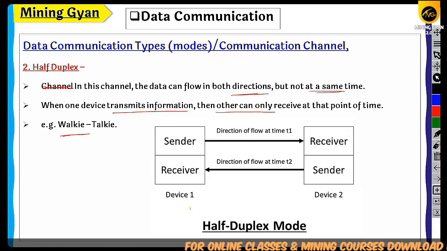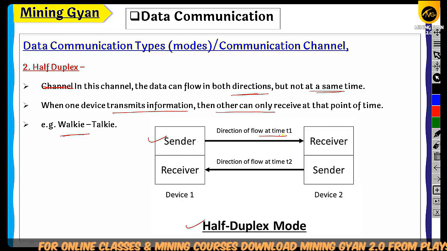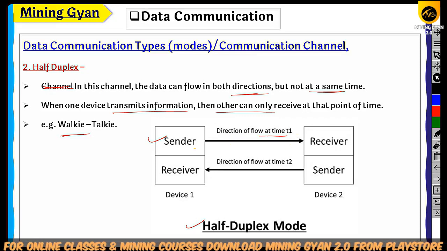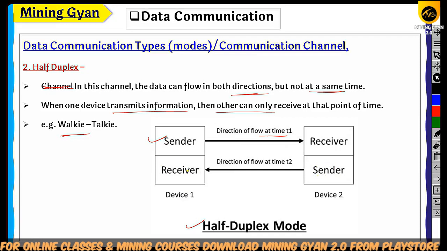You can see in the diagram that at time 1 the sender can send the data and the receiver can receive it, but at time 2 the receiver plays the role of sender and the sender plays the role of receiver. So at time 2 the receiver can send the data to the sender, and the sender can receive the data from the receiver.